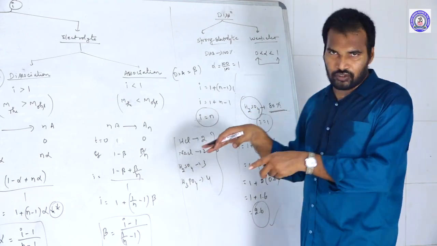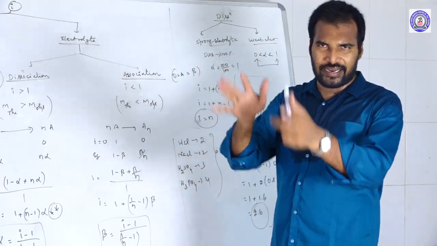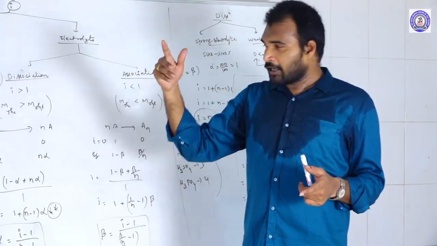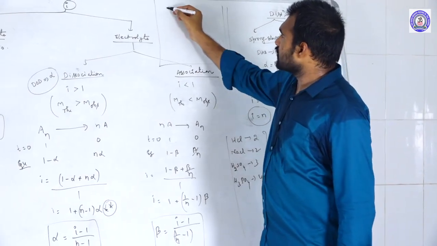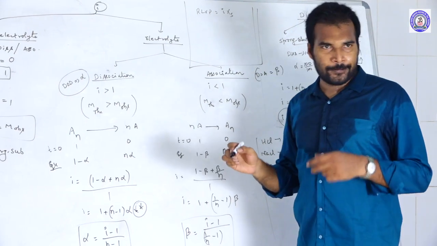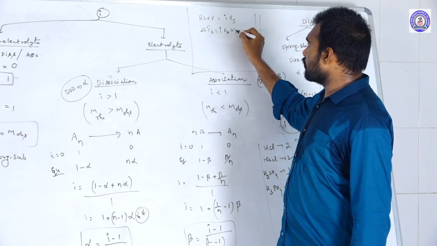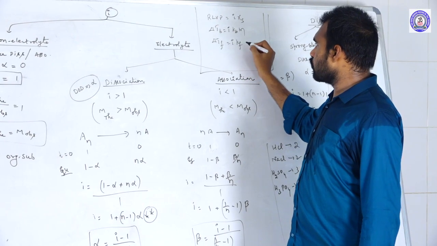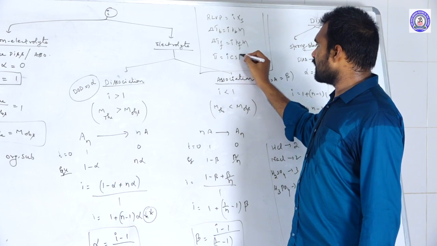Once you calculate the i value, they have modified all four colligative properties. They just added the Van't Hoff factor in their formula. After the addition, what are the modified colligative properties? RLVP is equal to i into the mole fraction of solute, delta Tb is equal to i into Kb into molality, delta Tf is equal to i into Kf into molality, and pi is equal to i into CRT.